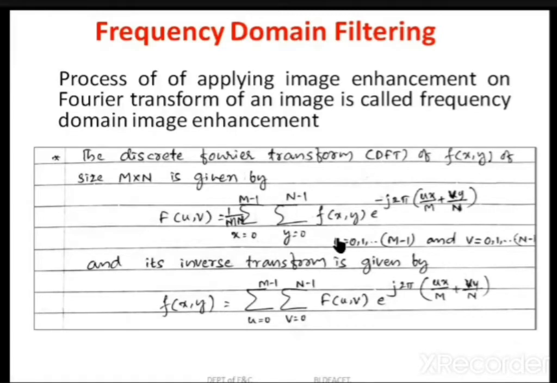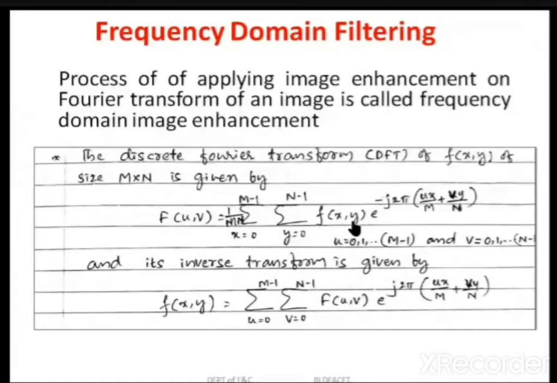So this equation is similar to the equation which you have studied in digital signal processing, but the only difference is there you have studied with respect to a single-dimensional signal, but here we have a two-dimensional signal. That's why we get two variables u and v, and x and y for the time domain signal.